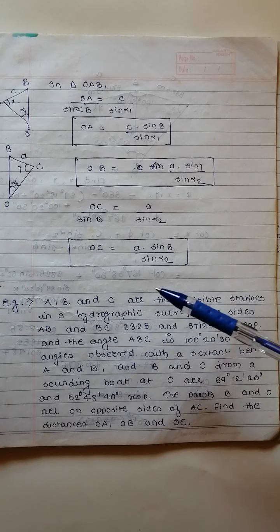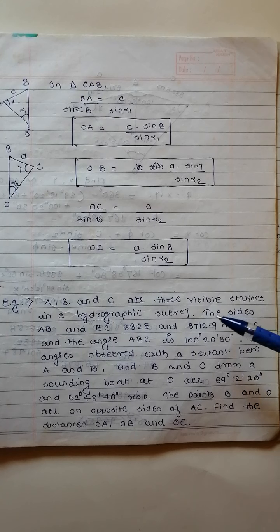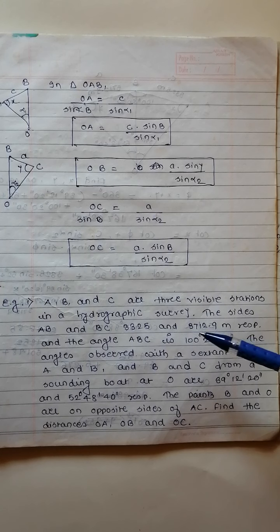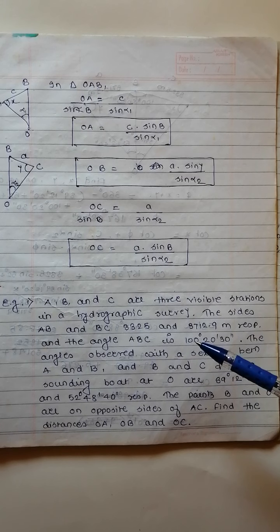A, B and C are three visible stations in a hydrographic survey. The sides AB and BC are 3325 meters and 3712.9 meters respectively, and angle ABC is 100 degree 20 minutes 30 seconds.